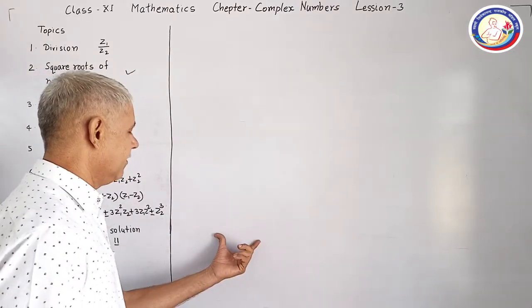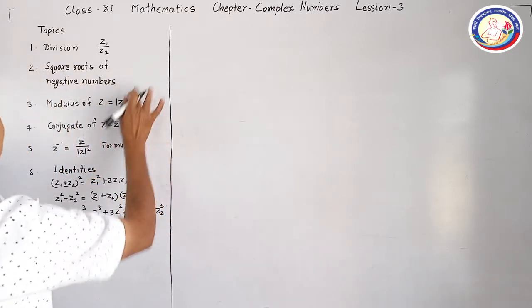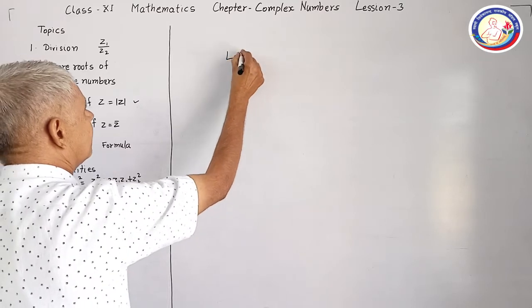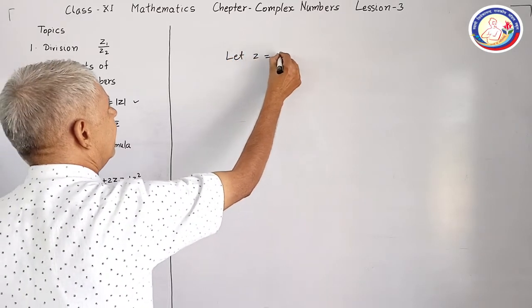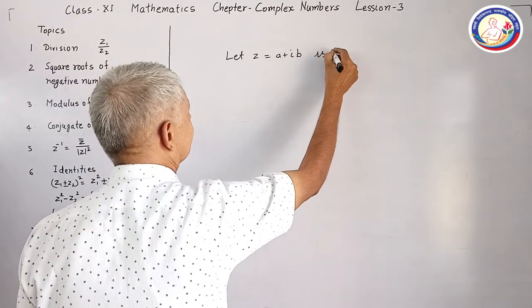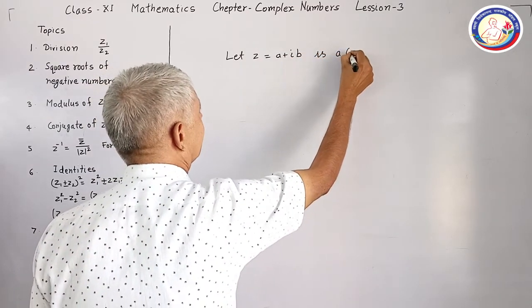This is very simple. Now we proceed to the modulus of z. Let z equal to a plus iota b be a complex number.